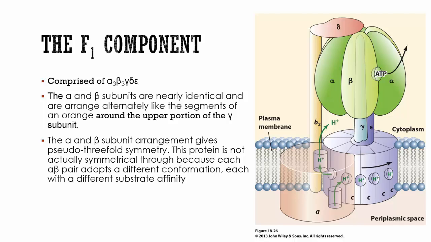The arrangement of the alpha and beta subunits gives rise to a pseudo-threefold symmetry, although this protein is not actually symmetrical because the alpha-beta dimers each adopt different conformations with different substrate affinities that we will analyze later on.